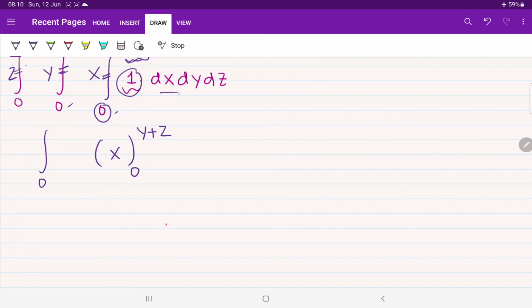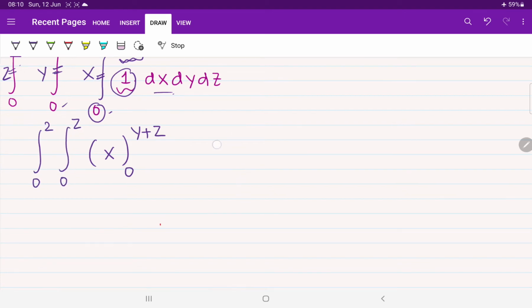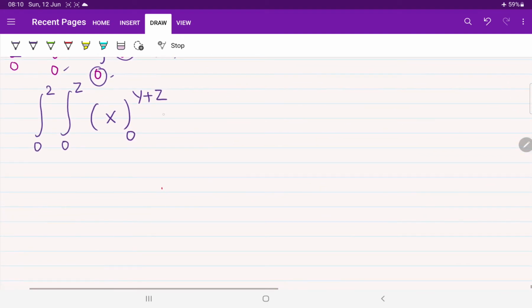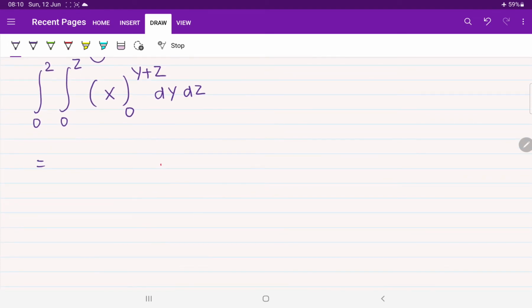We still have two more limits, 0 to z and 0 to 2, and we still have to integrate with respect to y and z. The upper limit directly gives us y plus z, into dy dz. Now the first limit is 0 to 2, the second limit is 0 to z.